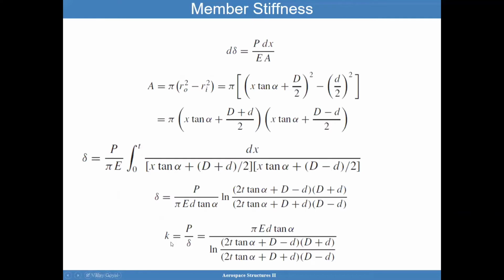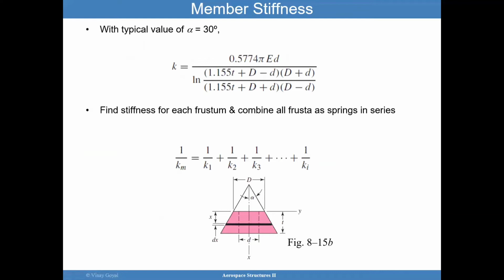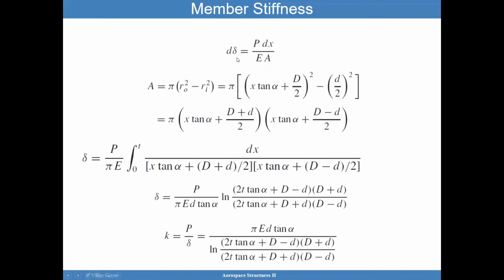So you can get the member stiffness k using this formula, which has a natural log here. The typical value for alpha people have found is 30 degrees. That makes it easy to plug into this equation and further simplify the problem, taking care of all this tangent alpha.